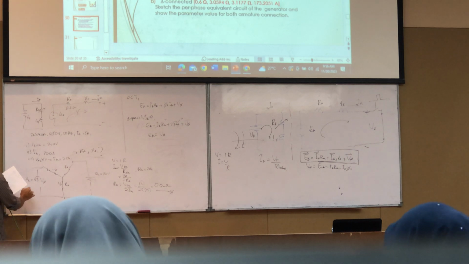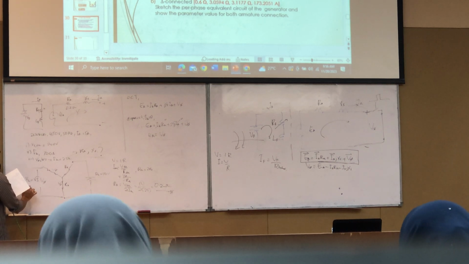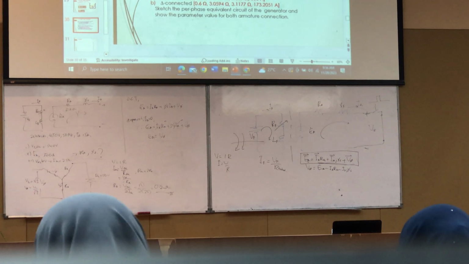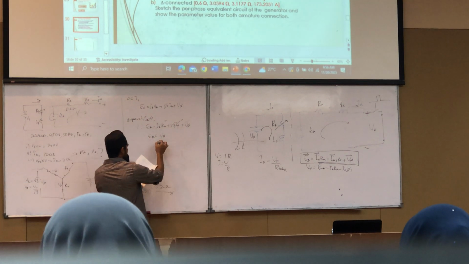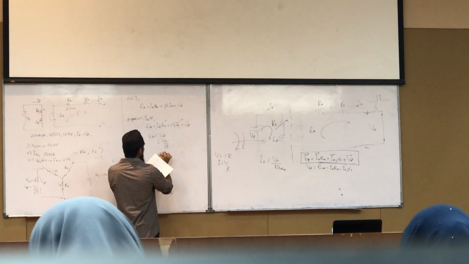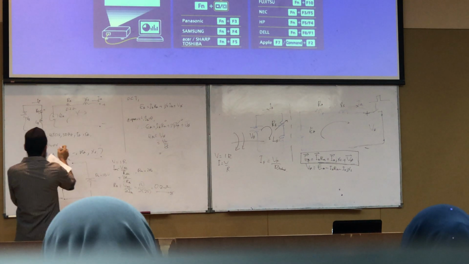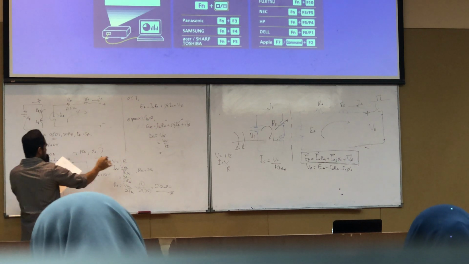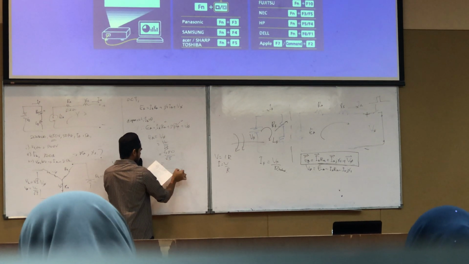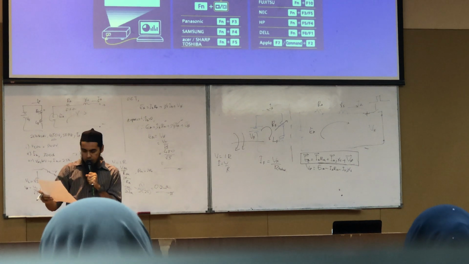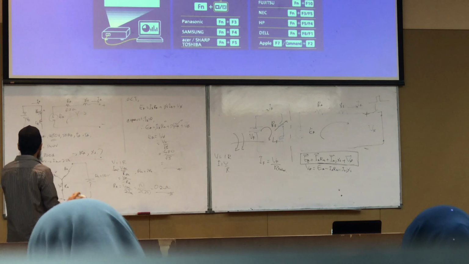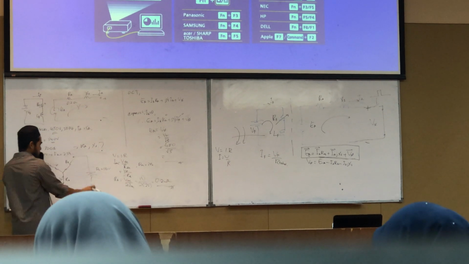So V phase equal to V line divided by root 3, which is V line we were given earlier, 480 volt divided by root 3. So how much? 480? Sorry. Terminal open circuit, 540.